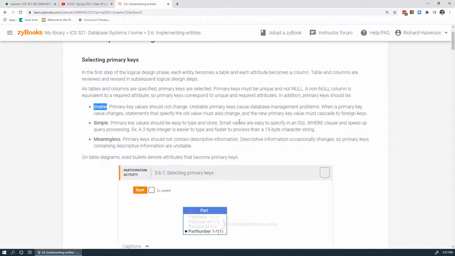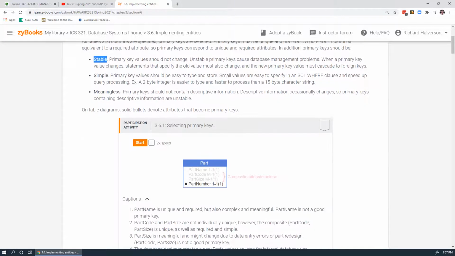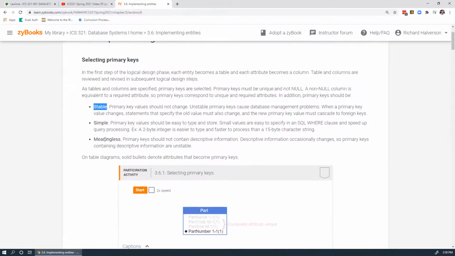And then you can start with 10 million, start with the value 10,000,001, and then increment up from there. And then no one is going to care what that key is, and it can stay that way forever. That's the best kind of key. You're guaranteed unique. So this describes that: basically meaningless.